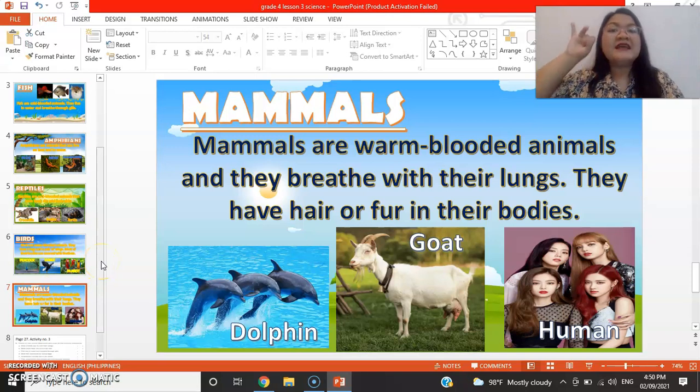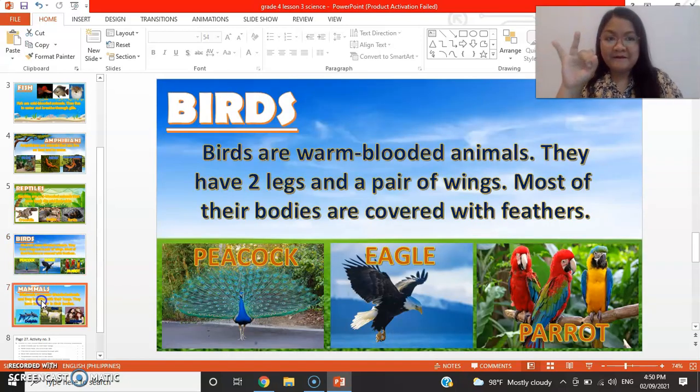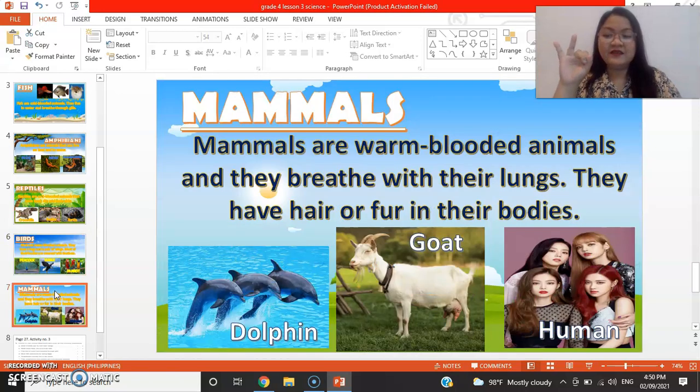Fish, amphibians, and reptiles. So again, when we say cold-blooded, these animals can live in water. How about what group of animals are warm-blooded? Birds and mammals. Okay, very good.